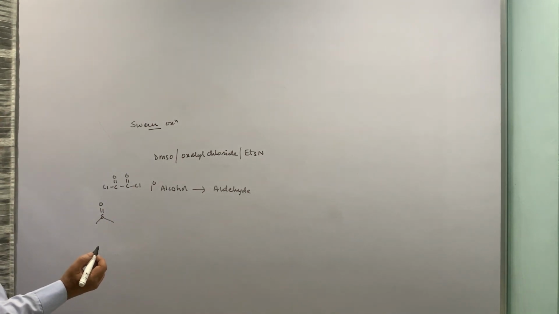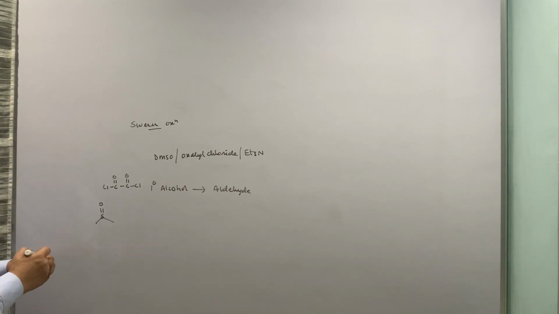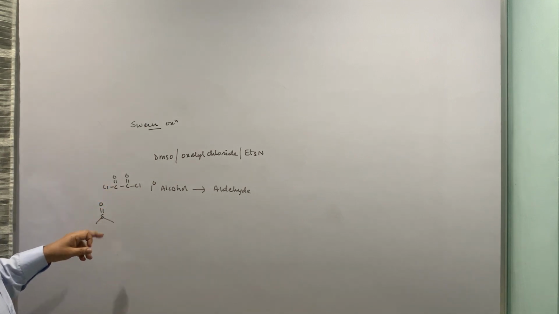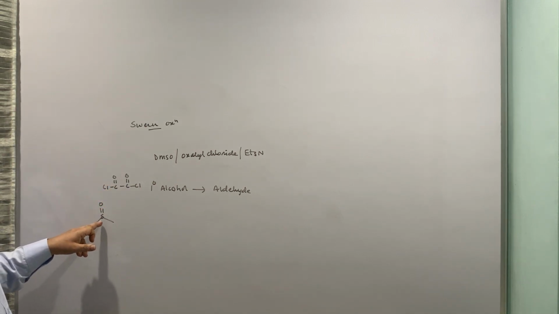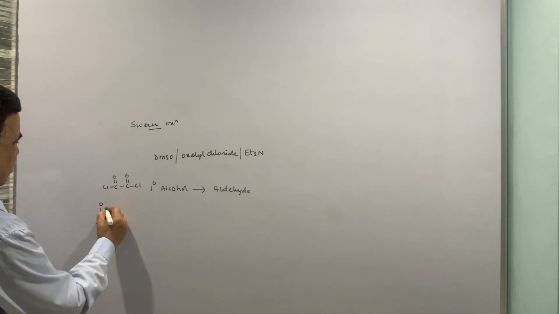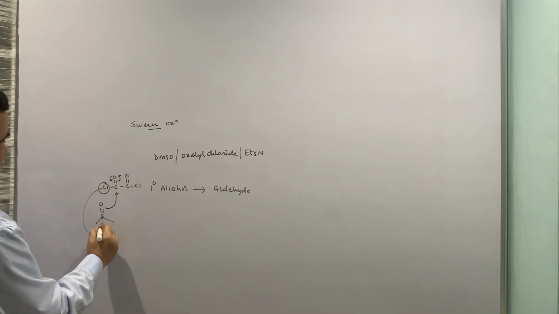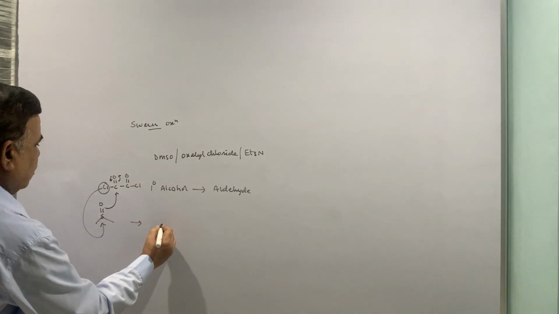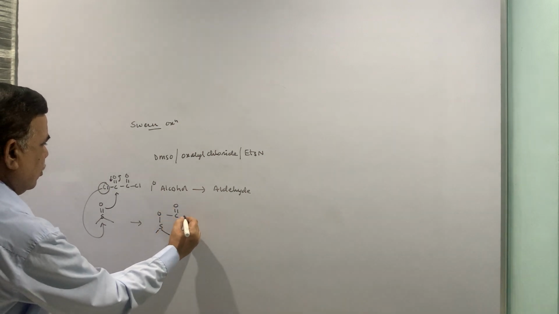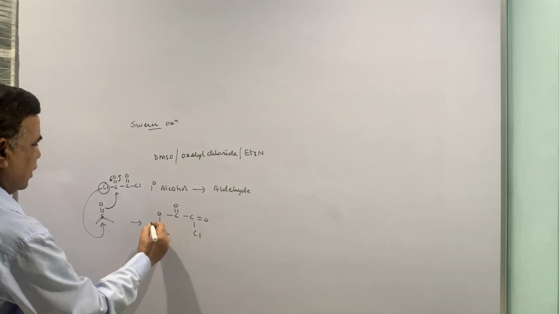Now when this oxalyl chloride interacts with this, we can show Cl comes and sits here. So this will be OCOCOCl. Let me put it like this. This is plus.